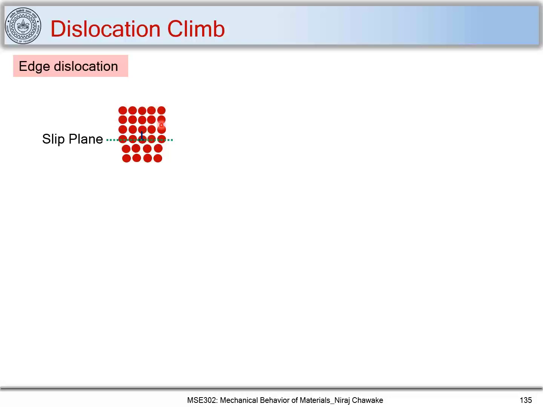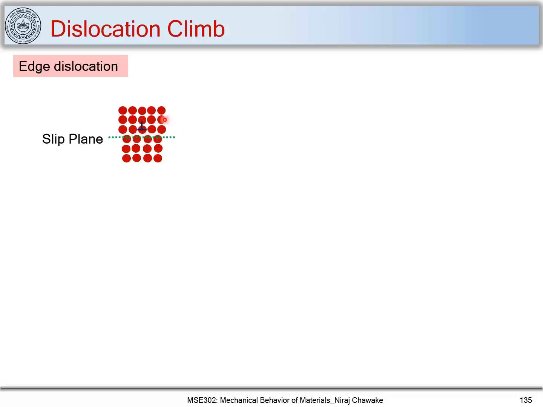So let's consider this edge dislocation where there is an extra half plane and here it is a slip plane. And let's create a vacancy over here. And now the atoms from this extra half plane can diffuse into this vacancy, and it diffuses here, and you can see that a dislocation has moved up.